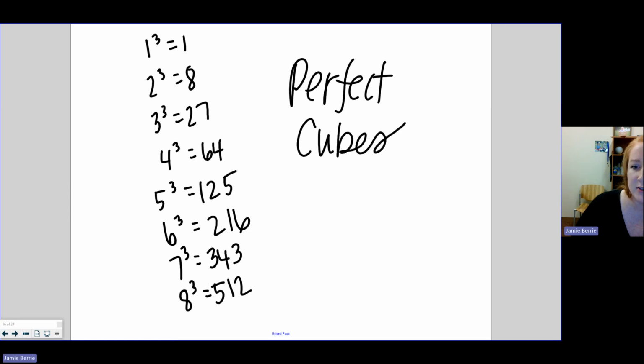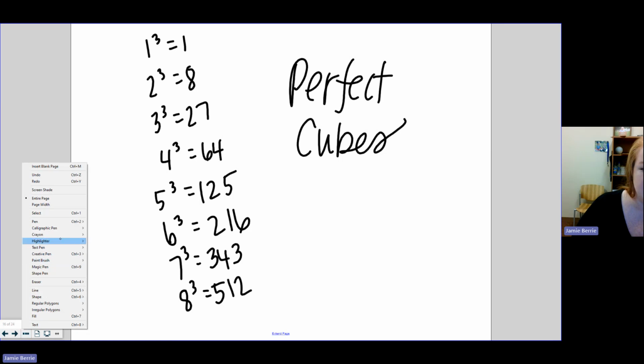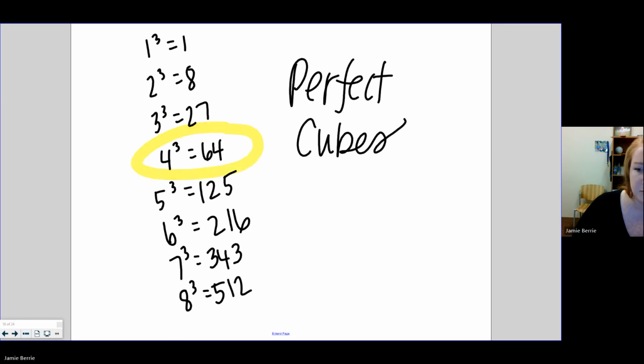The only one that ever seems to cause people problems is this one right here, because 64 is also a perfect square, so sometimes it throws people for a loop and they end up using it in the wrong spot. So just remember, 8 squared is 64, but 4 cubed is also 64. So 64 is a perfect square and a perfect cube. And of course, 1 is as well.